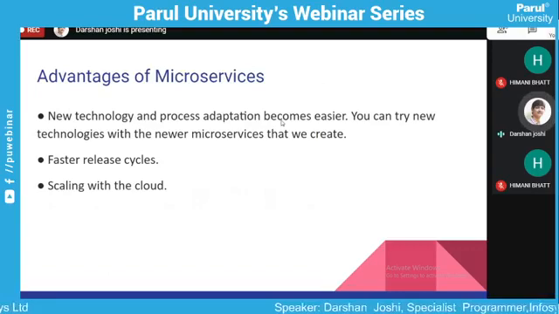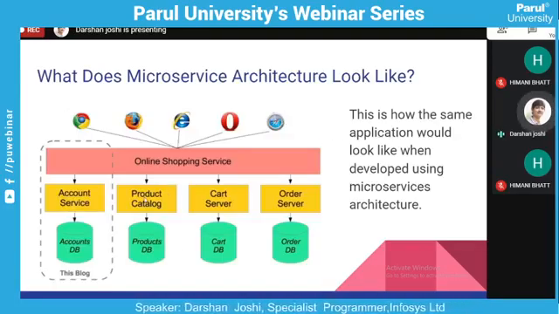Advantages of microservices. The new technology and process adoption becomes easier. You can try a new technology with a newer microservice that we can create. So for example, you can create the product catalog microservice in Java, and the cart service microservice in Python.